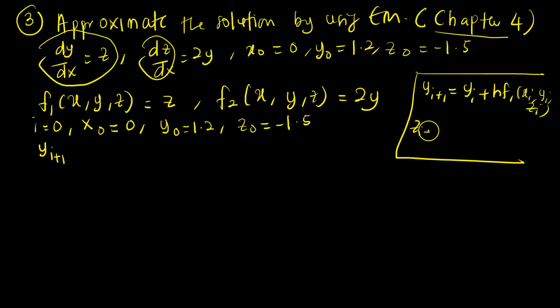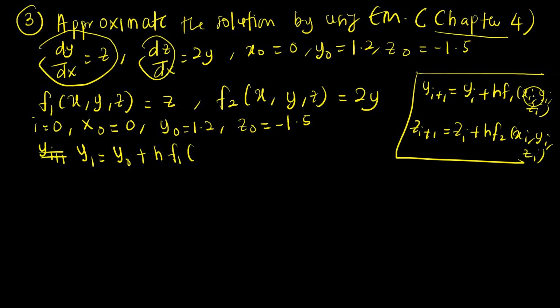And then z(i+1) equals zi plus h f2(xi, yi, zi). So class, when i equal to 0 here, this y(i+1) means 0 plus 1, you will compute y1 by using y naught plus h f1, and in this bracket also x naught, y naught, z naught.